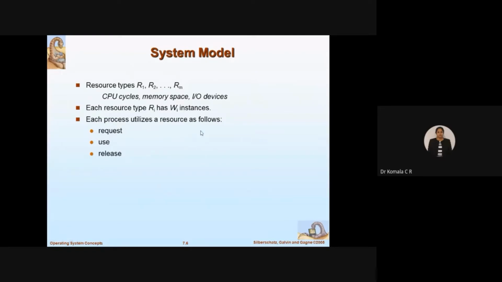The same resource R1 may be requested by P2. If P1 has finished its job and is ready to release R1 for P2, P1 releases R1 so that P2 can make use of it. So the third step is release. First, the process requests the resource to be used. Once the request is granted and the resource is assigned, the process can make use of the resource allocated. Once the job is done, it can release the resource.